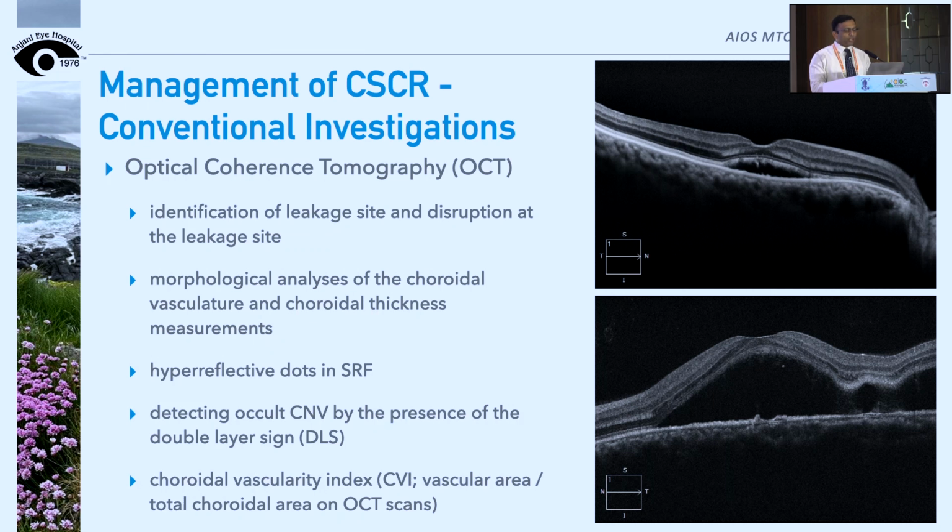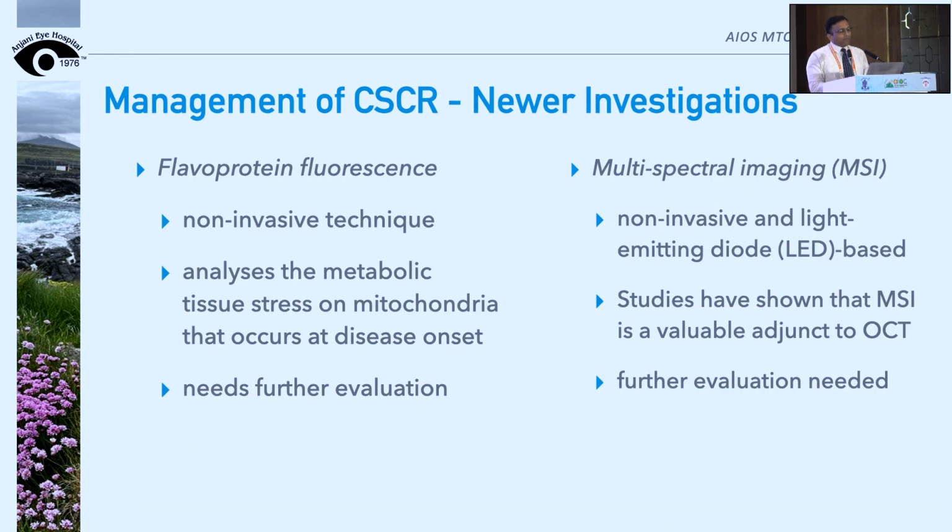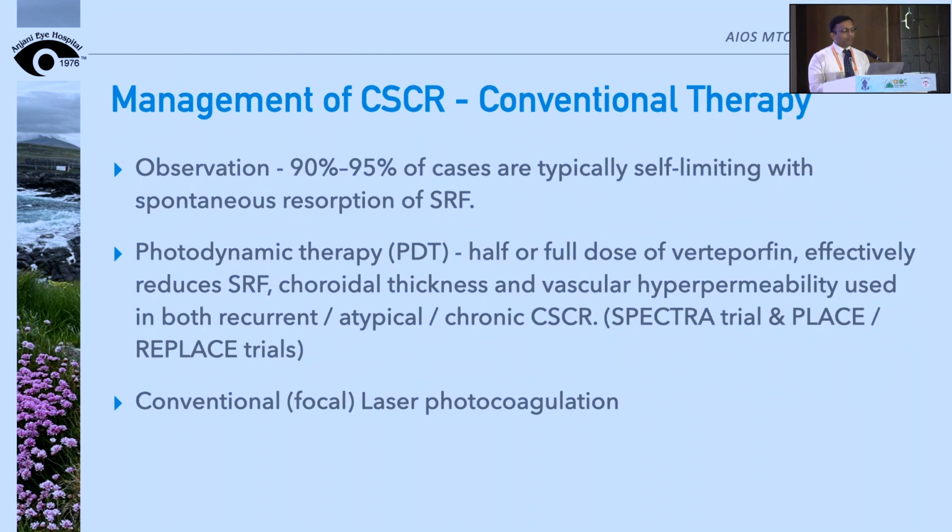Morphological analysis of the choroidal vasculature, thickness which can be measured, hyperreflective dots in the SRF, and detecting occult CNV, if at all, by the presence of the double layer sign, etc. OCTA also helps us in some way by detecting choroidal neovascular membranes and the choroidal vascularity index, the vascular density, fractal dimensions, etc. The newer investigations which are in the pipeline are non-invasive techniques, mainly the flavoprotein fluorescence and multispectral imaging, but these need further evaluation and have not officially come out in the market.